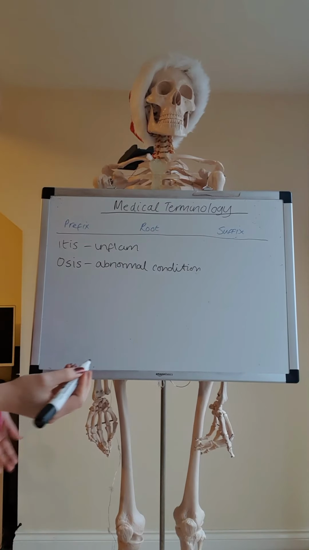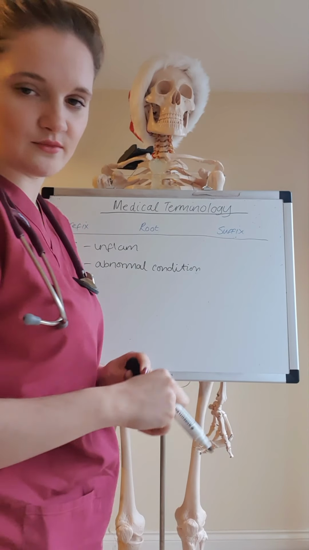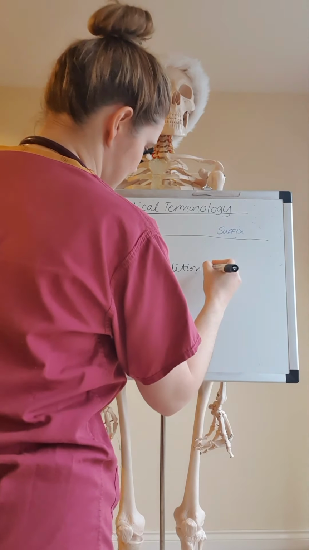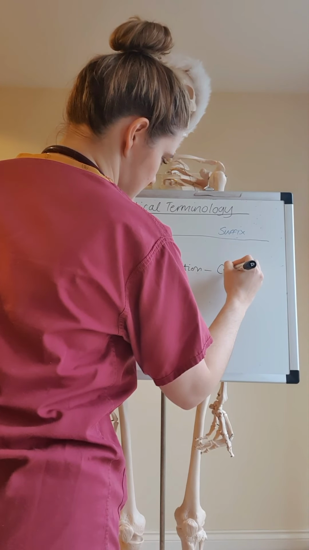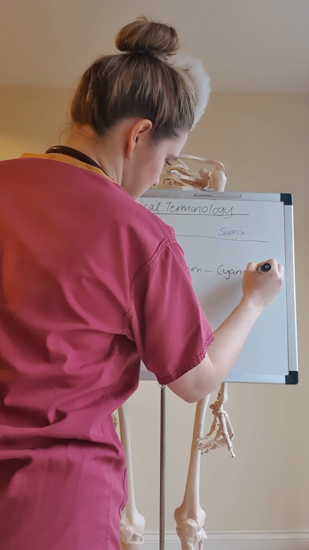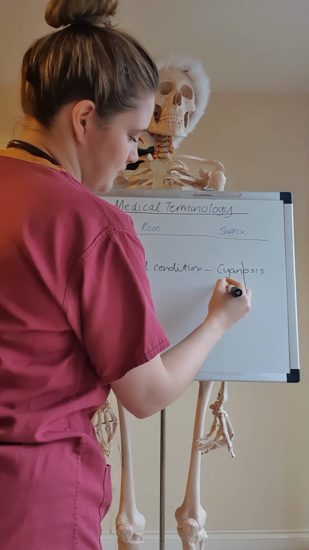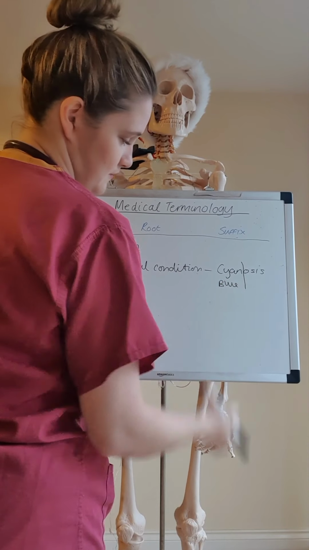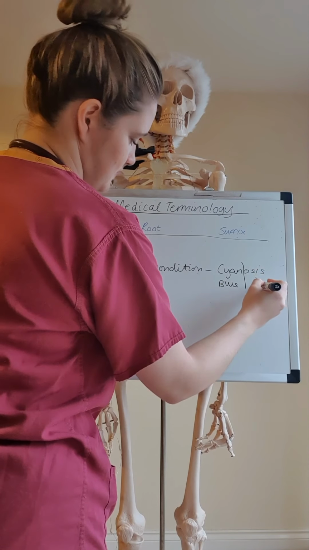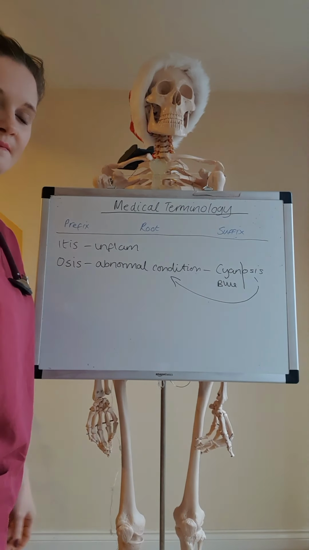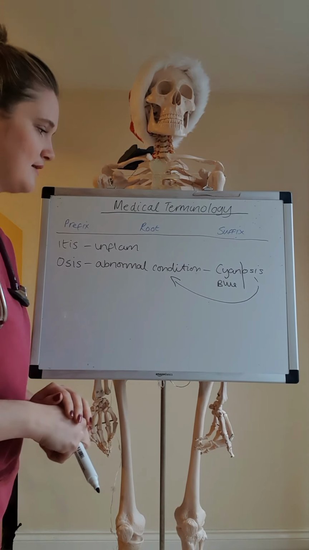An example of that would be something like cyanosis, which is caused from the cold or due to lack of oxygen in a specific area of the body. If we break that word up, we've got blue, which is cyan, and osis, which comes back to that, an abnormal condition. See how easy this is starting to get now?